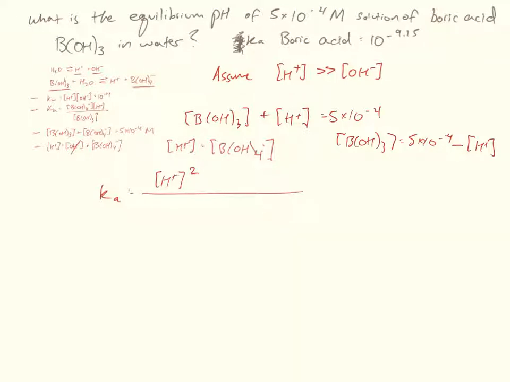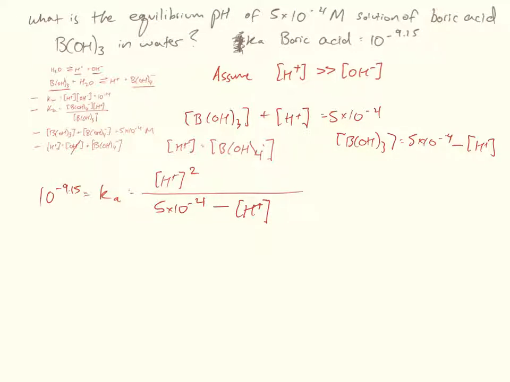So now we can replace that in the denominator: 5 times 10 to the negative 4th minus H plus. Ka we said was equal to 10 to the minus 9.15. And so now we can solve for the H plus concentration.